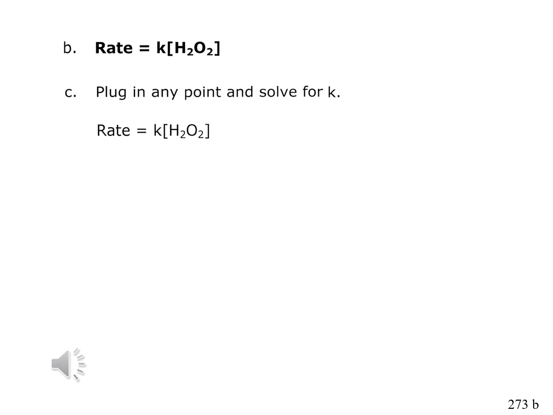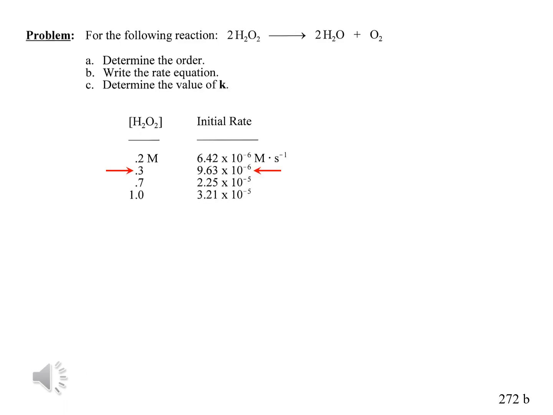Since all of the points are on a perfect straight line, all you have to do to get the value of K is to plug in one of the points from the data and solve for K. I picked the second point, but you can test it yourself that if you plug in any of the 4 points, you're going to get the same answer that we're going to get in the next slide.